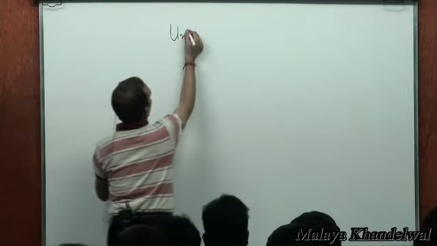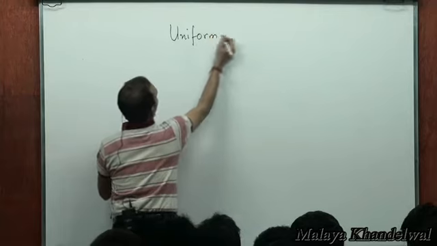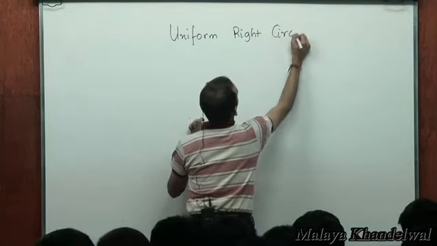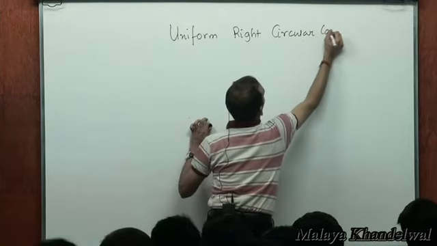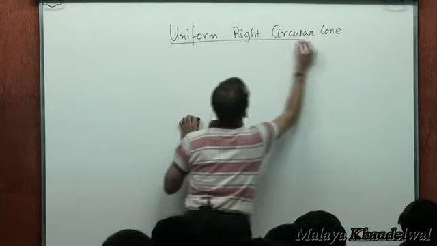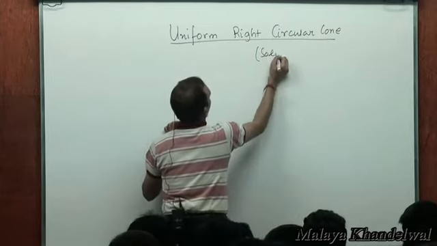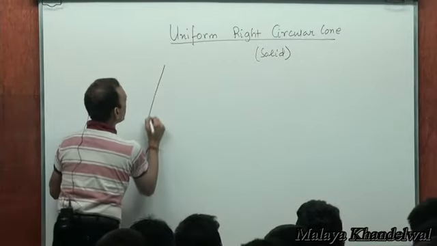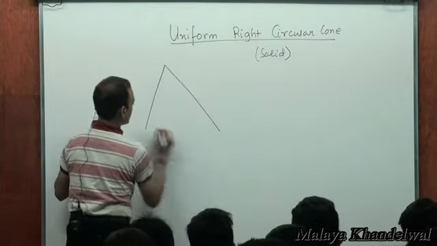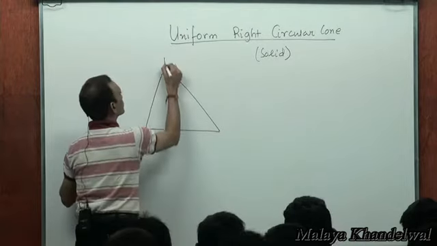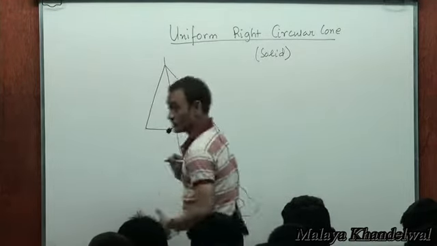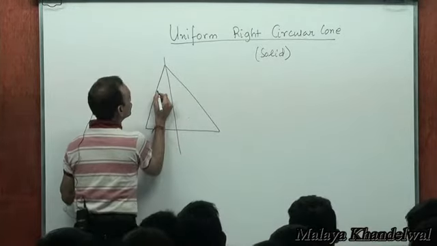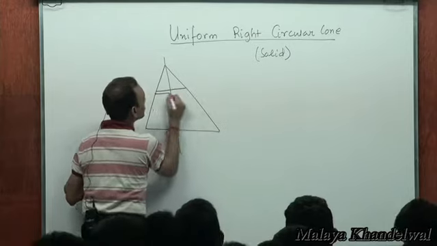If we had a uniform right circular cone, say if it is solid, then the way to deal with this is, as you said, we could break it up into parallel discs of this kind.